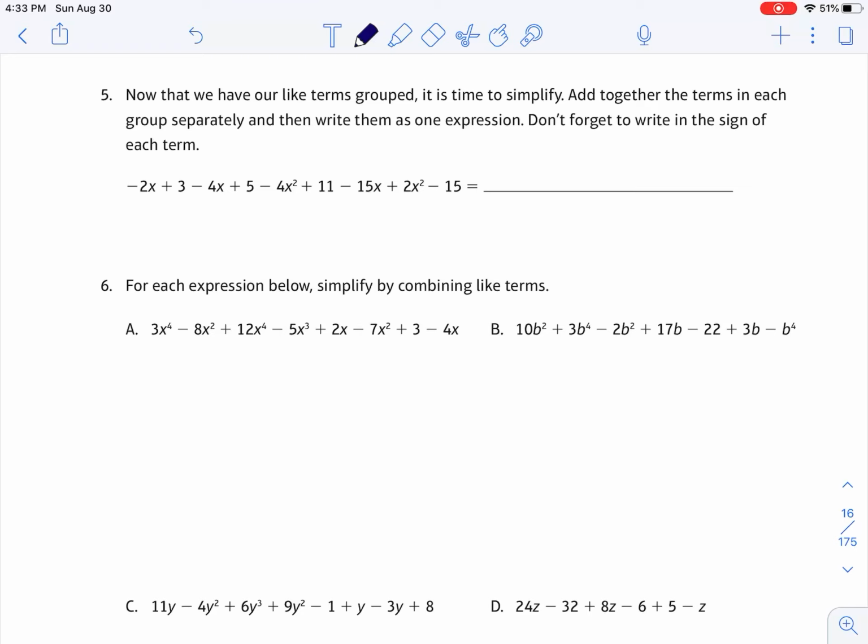So now that we've grouped them all together, we went and we had highlighted. And I told you that we want to start with our x squareds. That's because our x squareds are the highest exponents. So we start with highest exponents.